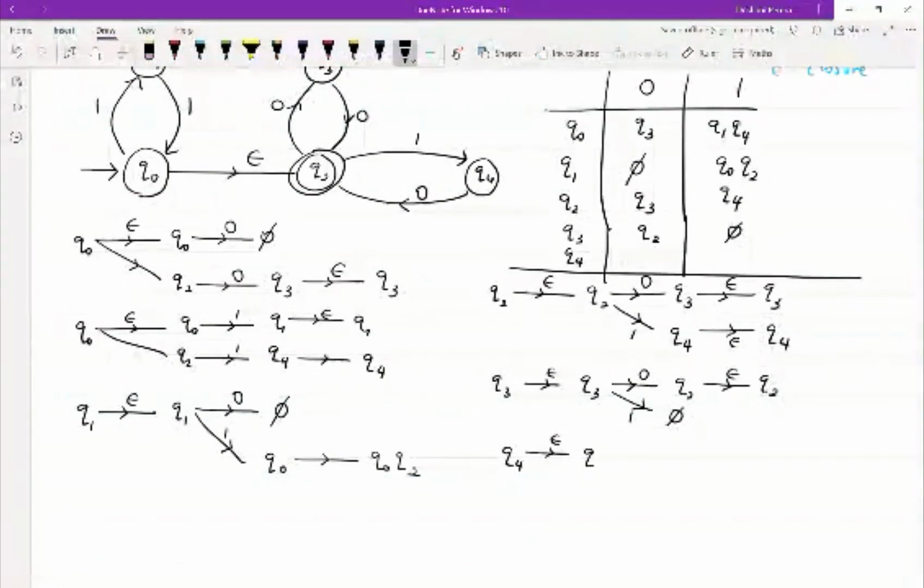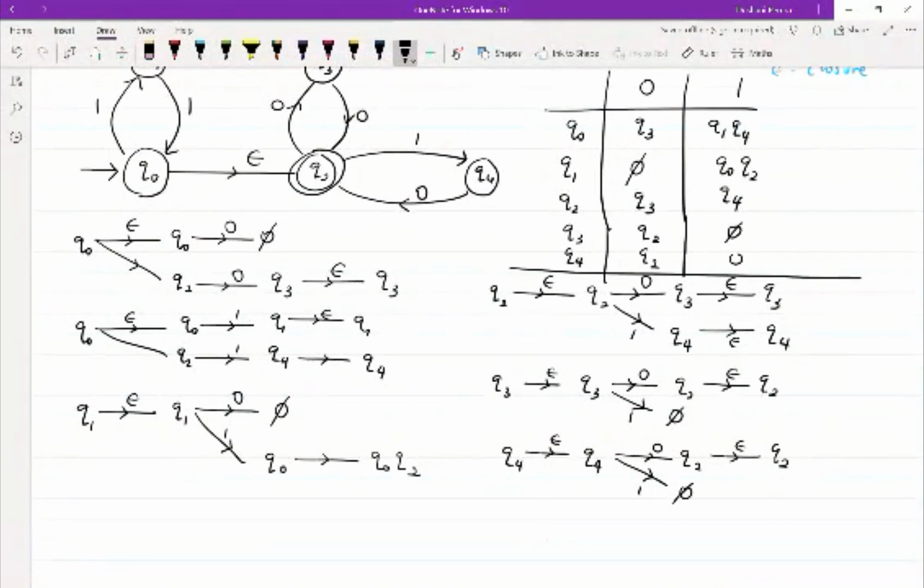E-closure is itself. There's nobody else. When I see a 0, I will go to Q2. E-closure is Q2. When I see a 1, it's not defined. So here I will get Q2 and here it's not defined. Okay. Right.